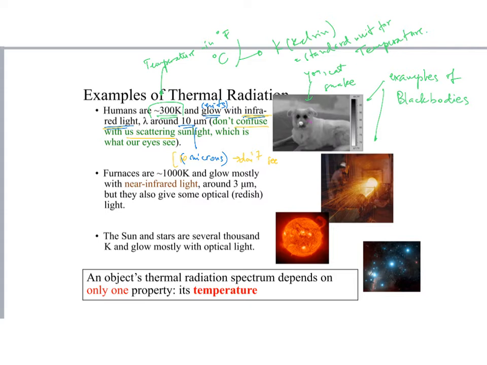But as you move towards hotter, right? So this would be a hotter blackbody, the furnace. Okay, so that's hotter. That intensity moves towards near infrared.